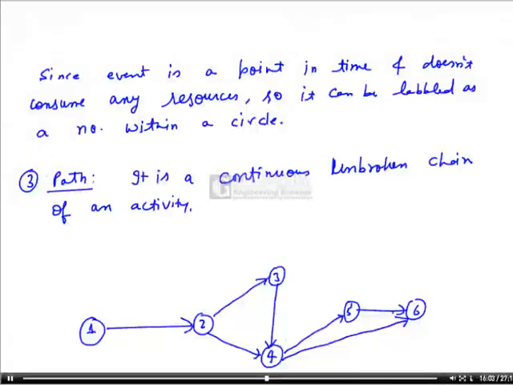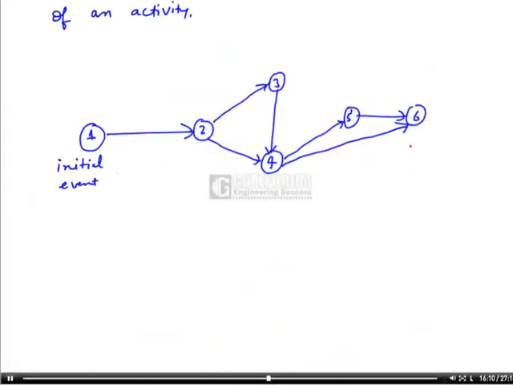So this is one of the networks, and this is the initial event. This is the final event. Network is nothing but a graphical representation of logically and sequentially connected arrows. And there is an initial event and an ending event. So let us see the rules for drawing the network.